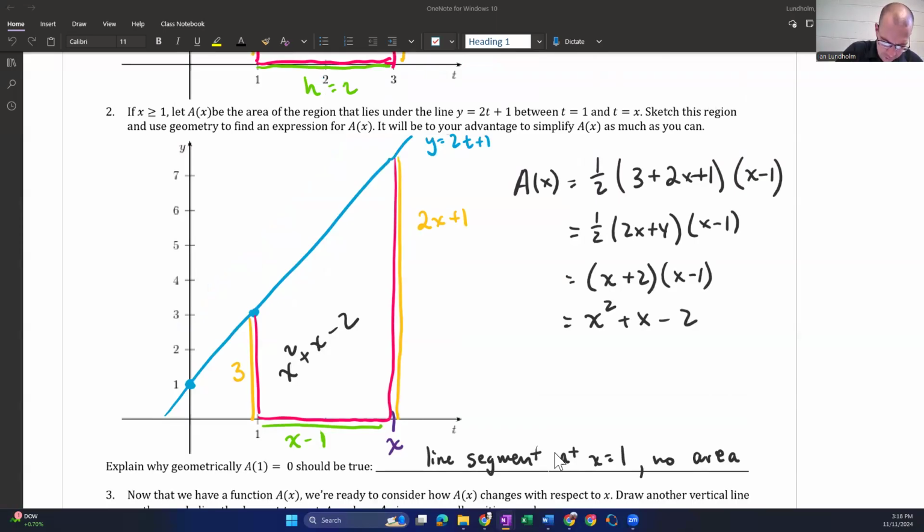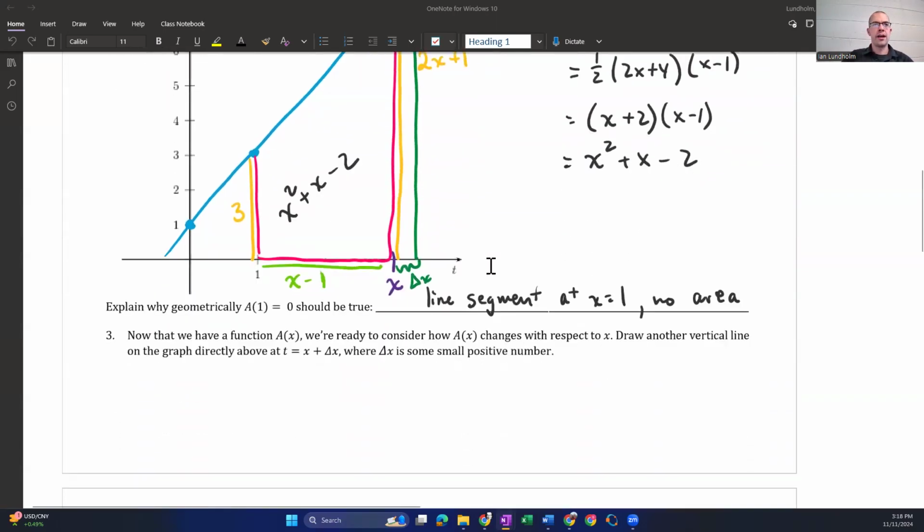Let's make a green line over here, and we're going to represent this length as delta x. So the purple point, that's x, and then this green one is adding on delta x. Okay, so now we've drawn that. I think we're good. Let's go on to the next slide.